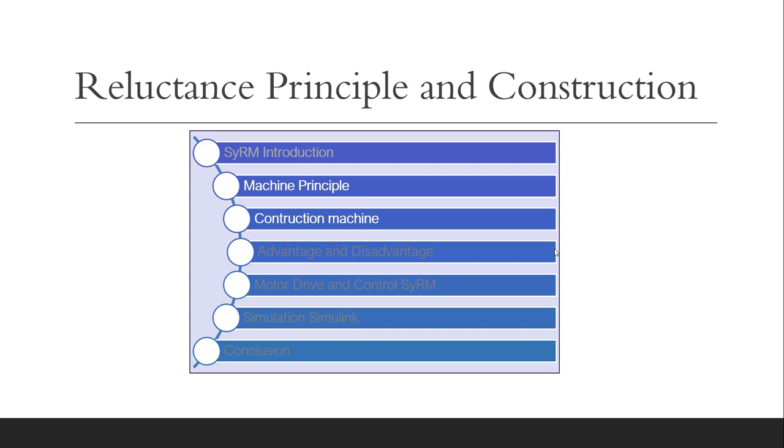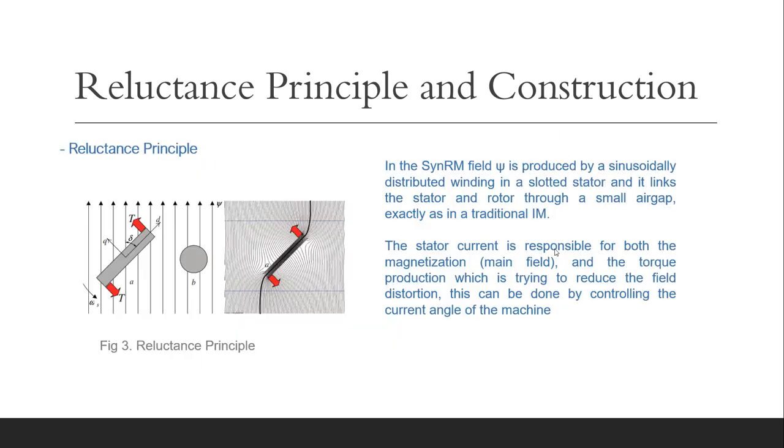Next, we will talk about the principle and construction of this machine. The fundamental concept behind the origin of this motor is the reluctance principle. In this synchronous reluctant motor, the field is produced by the sinusoidally distributed winding in a slotted stator, and it links the stator and rotor through a small air gap, exactly as in the traditional induction motor.